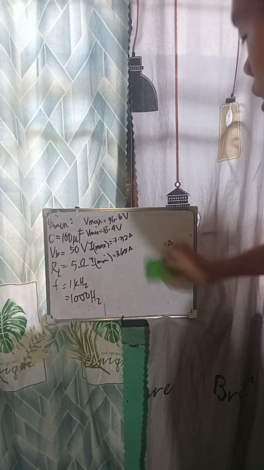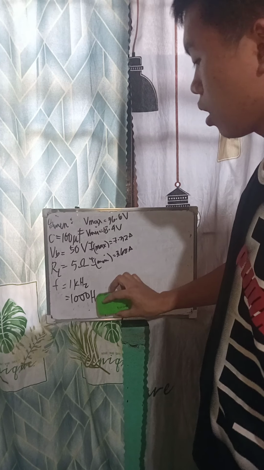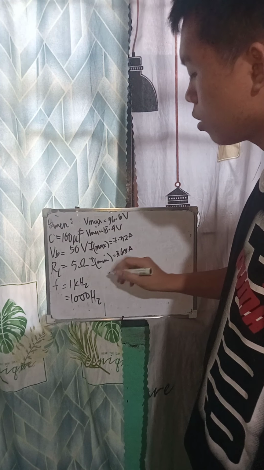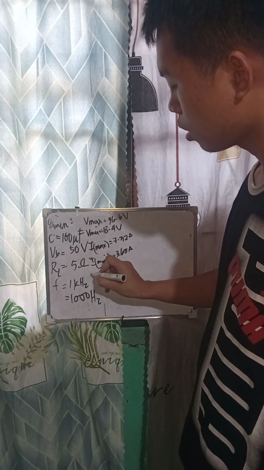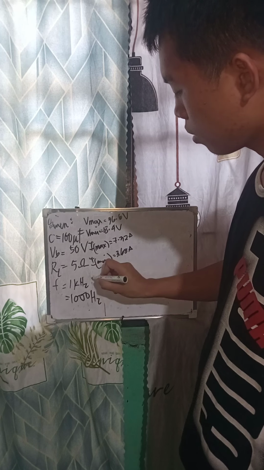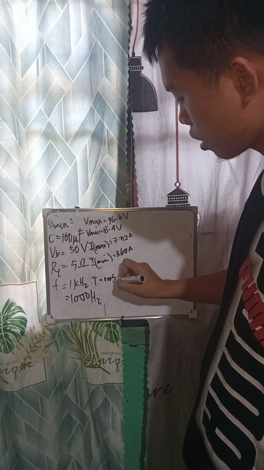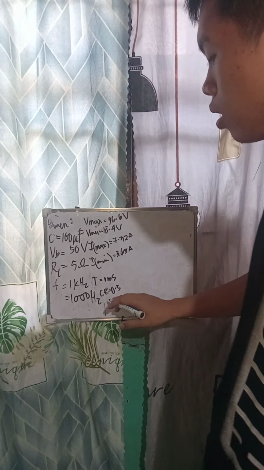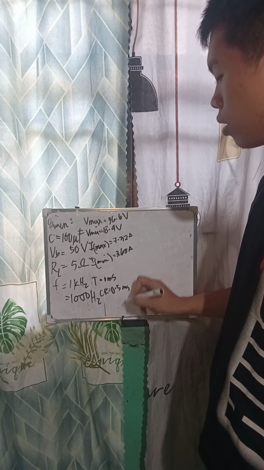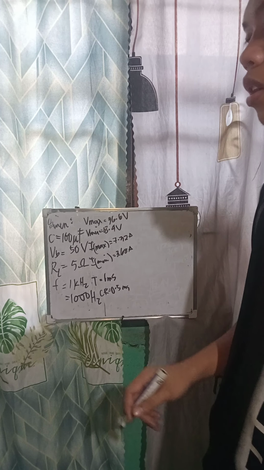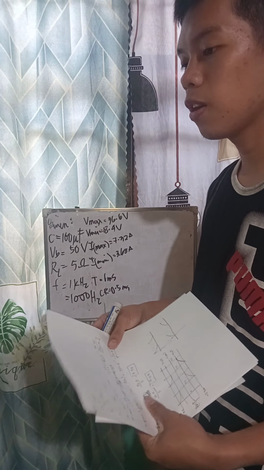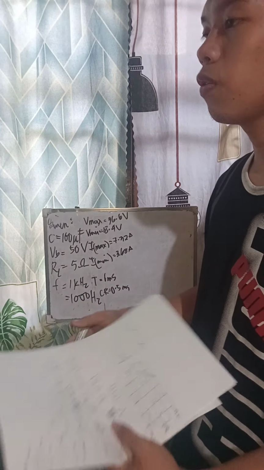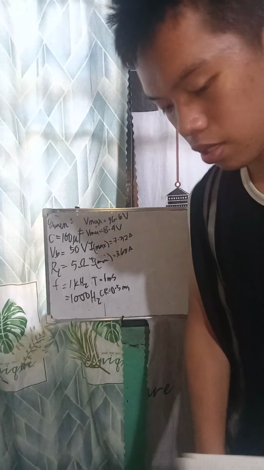So now we have these values. I will just put the time is 1 millisecond, and the CR is equal to 0.5, and this CR value would be the basis for the spacing of the scales. So what I mean is this.